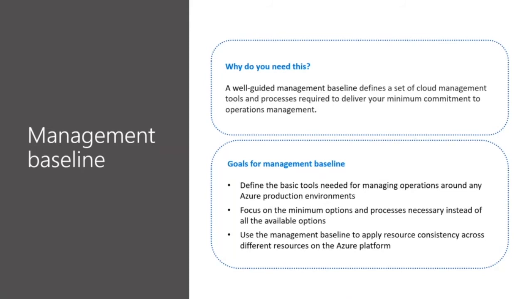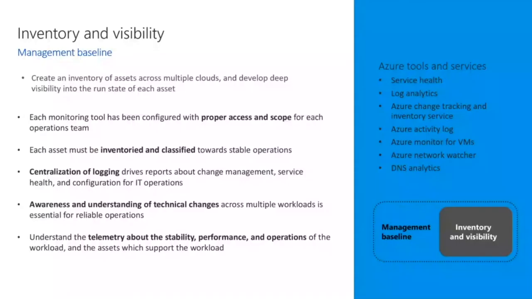If you look at a little more detail in the case of inventory and visibility, there are tools in Azure, for example Azure Resource Graph, which will give you a complete inventory of assets running in your cloud. You can use the same tool to inventory your cloud running on premises, and you can use the same thing to inventory things running on other clouds.